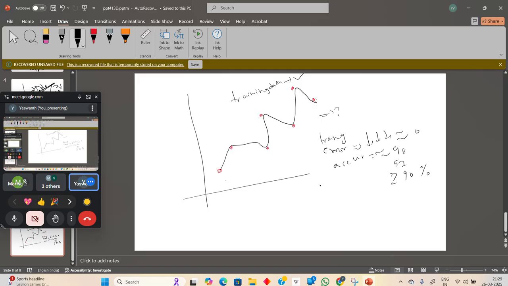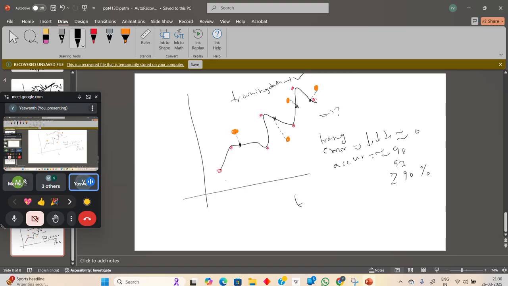But reality comes with the real data, the test data. These are test points. 4 test points are there, because 80% goes to training and 20% goes to testing, right? Now if you calculate the error, this is the predicted one and this is the actual one, predicted and actual, predicted and actual.